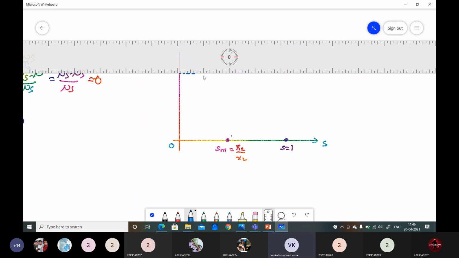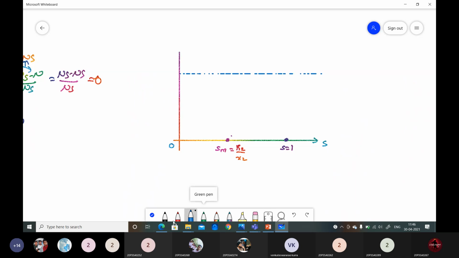And this is maximum torque, this is Tmax.